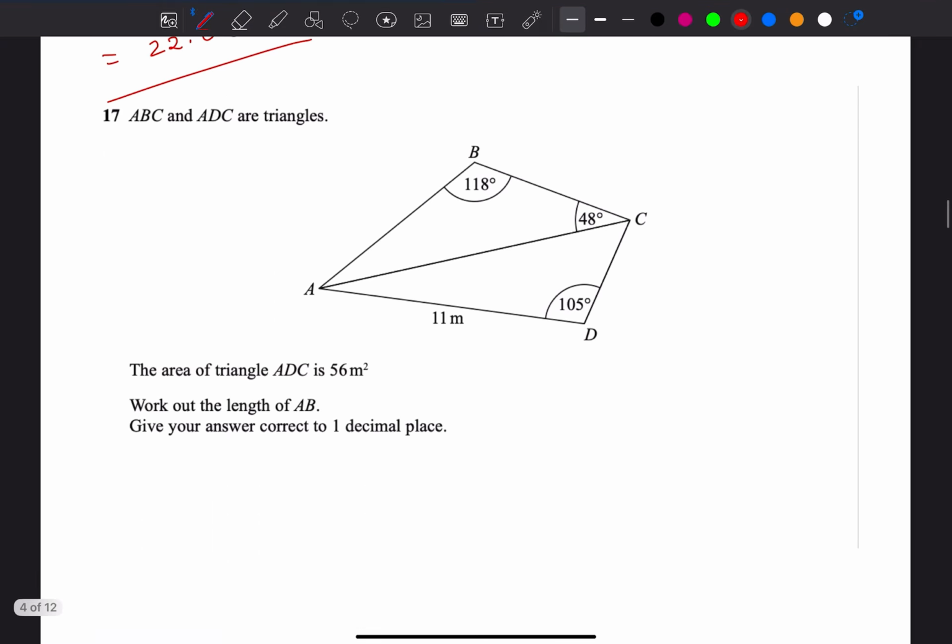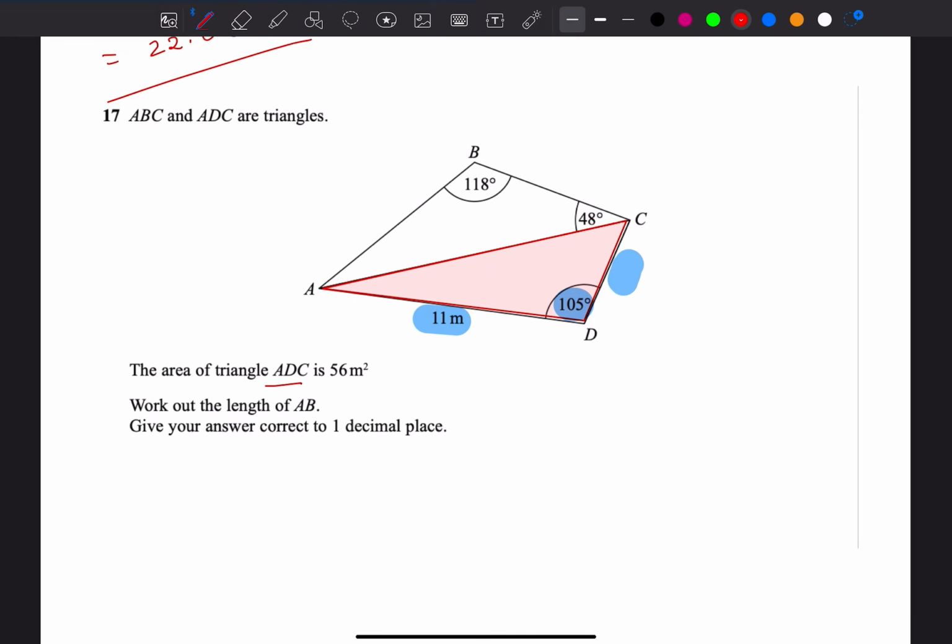This triangle ADC has an area of 56, so you know which one. It's that one. Now, we will have to check which sides are available for us to be used. So if you look at this guy, this side is available and this angle, so we need that side.